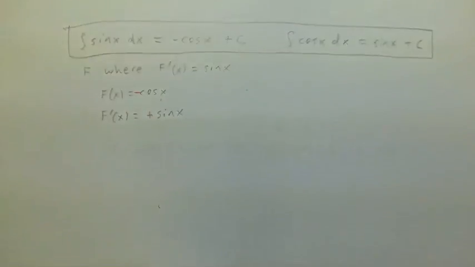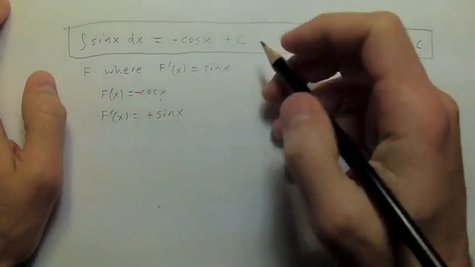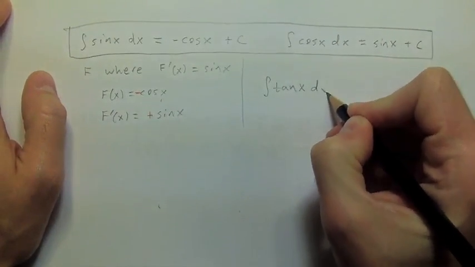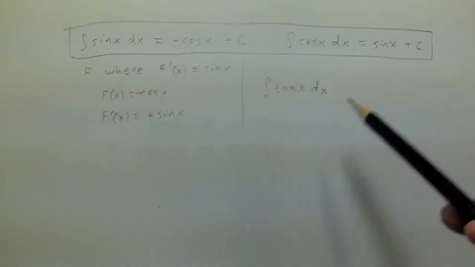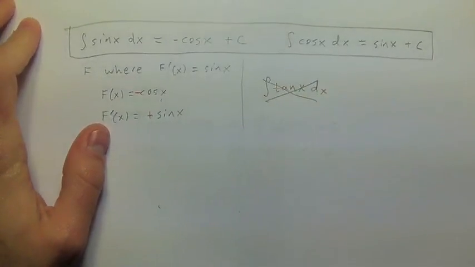Now for the other trig functions, you might think, all right, well, how about the integral of tangent? And we need a little bit more work here because off the top of our head, we probably don't know any function whose derivative is just going to equal tangent. We kind of have to think a little bit more backwards, right?